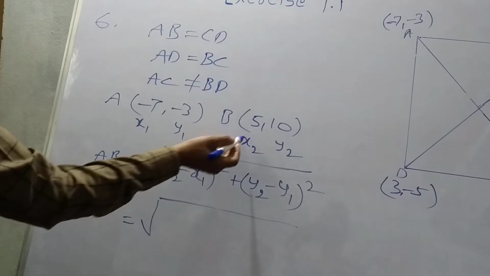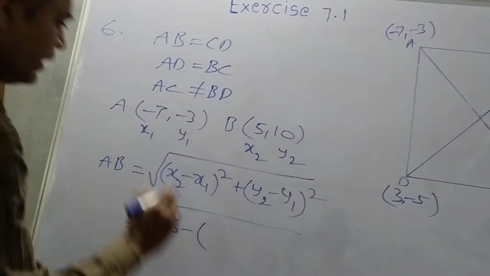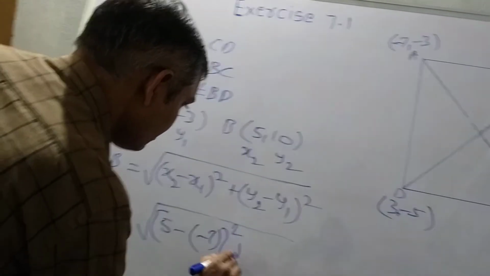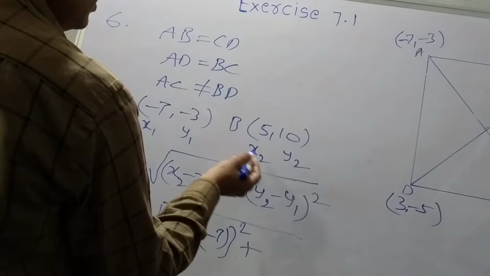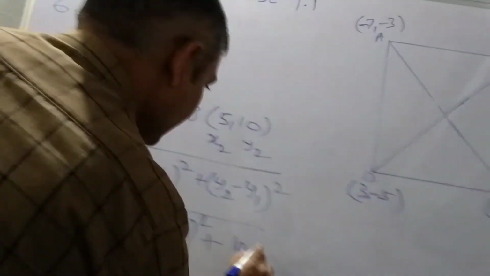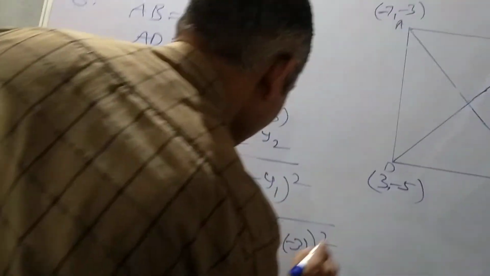x2 means 5, minus x1 means minus of minus 7, whole square, plus y2 means here y2 is 10, minus y1 means minus of minus 3, whole square.